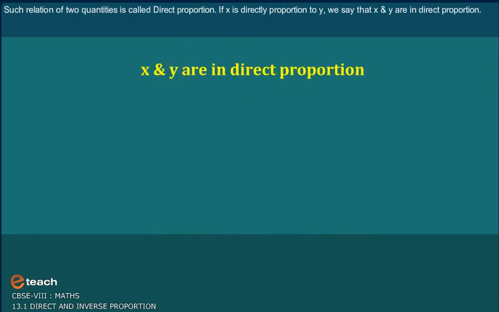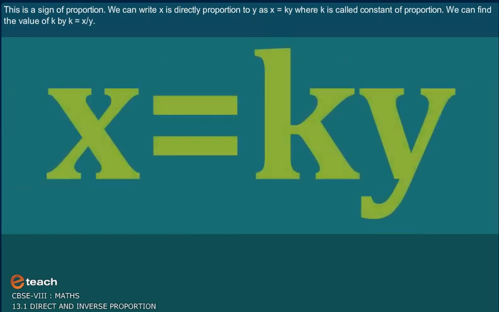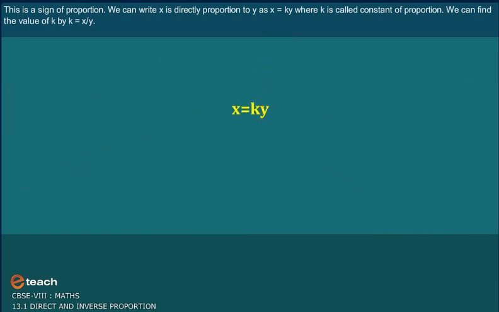If x is directly proportional to y, we say that x and y are in direct proportion. This is the sign of proportion. We can write x is directly proportional to y as x equals ky, where k is called the constant of proportion. We can find the value of k by k equals x by y.